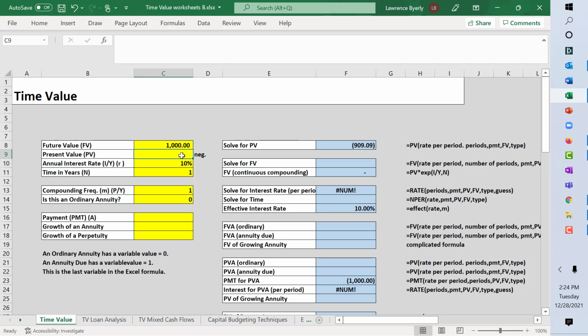Well, let's see what happens. If you plug in this negative $909.09 here, what would the future value be? That would come out to be exactly $1,000. Now, this is something that's a little bit strange, right? This $909 in today's money is exactly equal to $1,000 in 1 year. They're equal amounts.